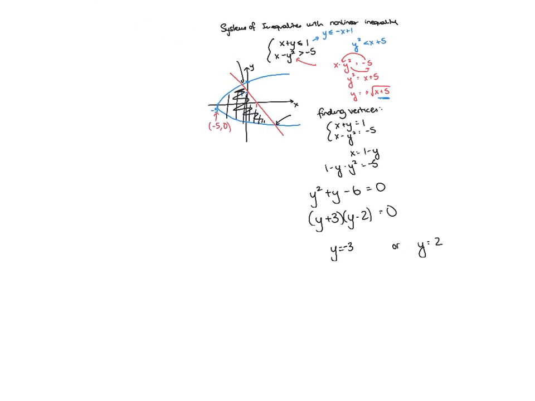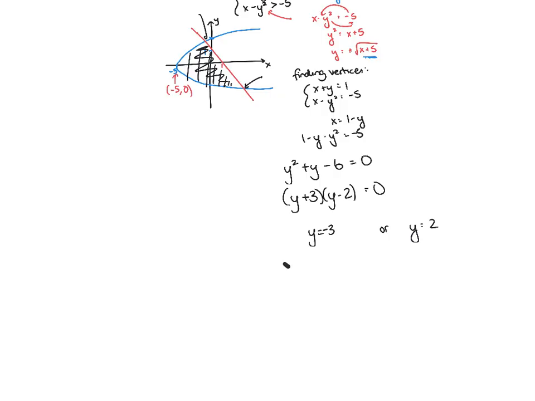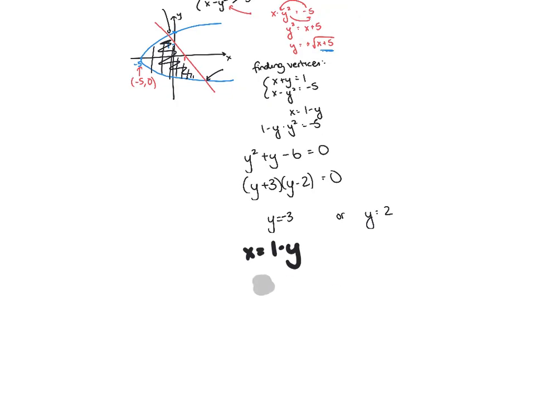Now if y is minus 3, then x is equal to 1 minus y, so 1 minus minus 3, that would be 4.